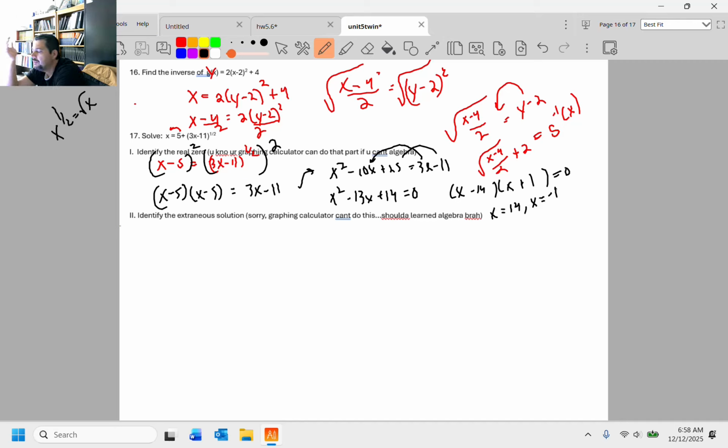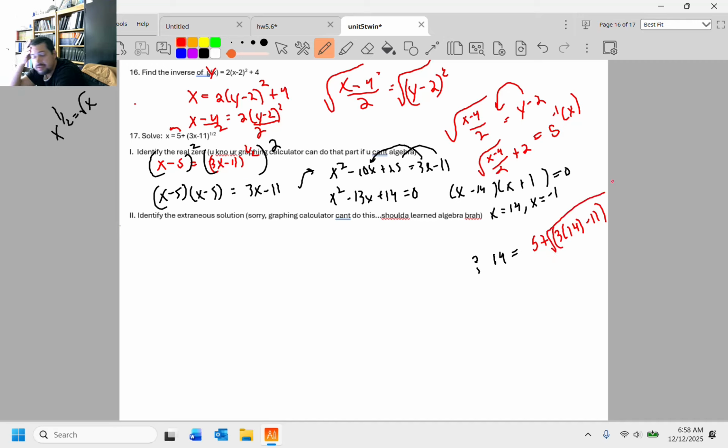Now, which one works? So it says identify the extraneous solution. Of course, this part was identify the real solution. So if I go back to the original equation and I put a 14 in, this is going to have a 14 on the left. Question is, does that equal what happens if I put a 14 on the right? So the right-hand side would be 5 plus 3 times 14 minus 11 to the 1/2 power, which is the square root.